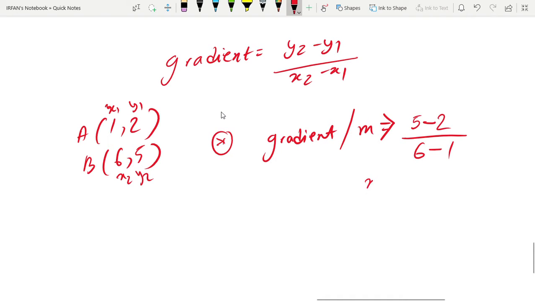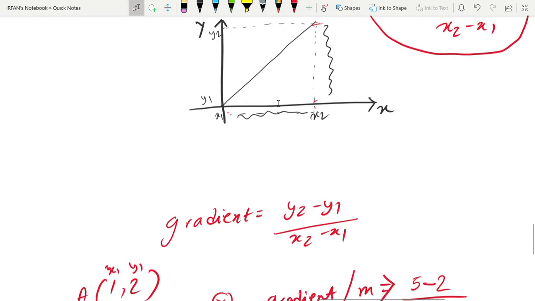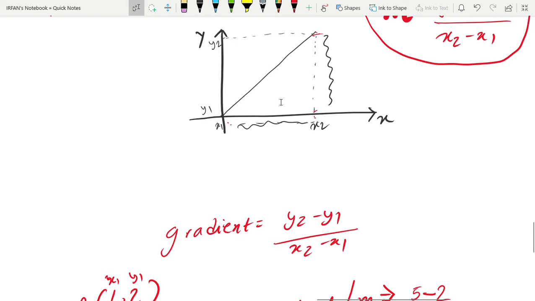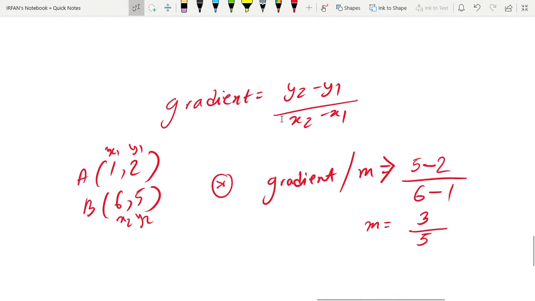So m equals 3 by 5. This is our gradient. Gradient is the slope, and it doesn't have any units, since it just shows how steep the line is. So the gradient of this is 3 by 5. Are you clear, right?